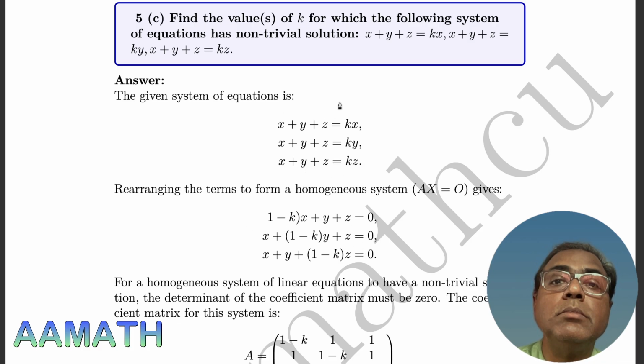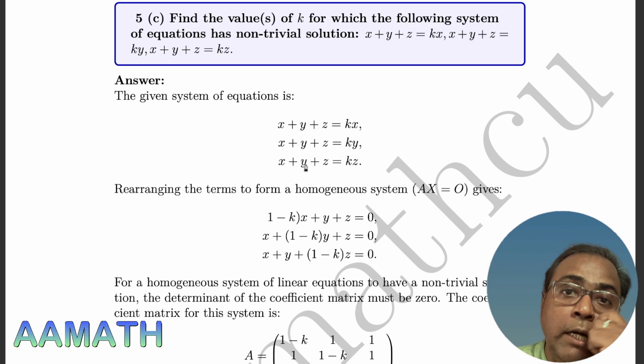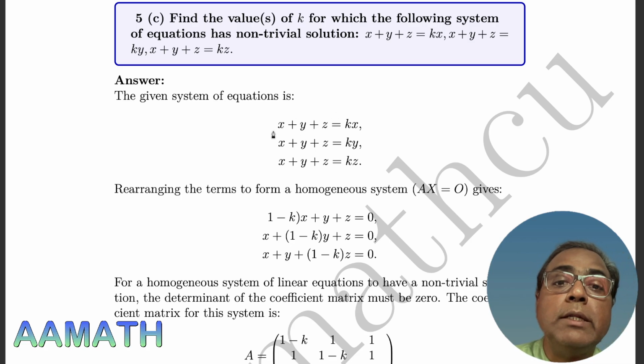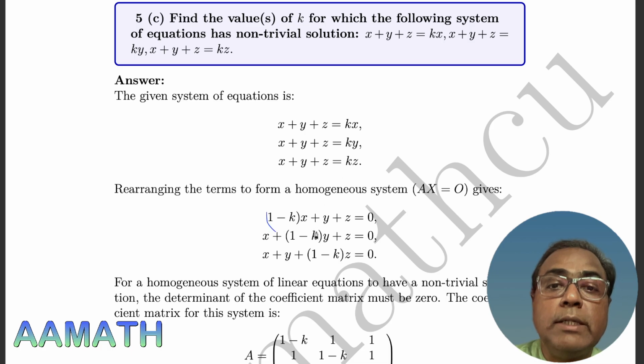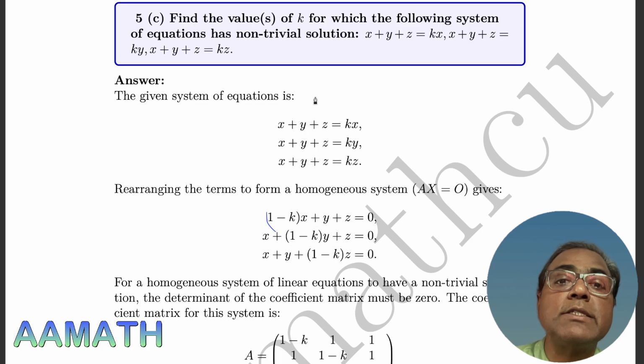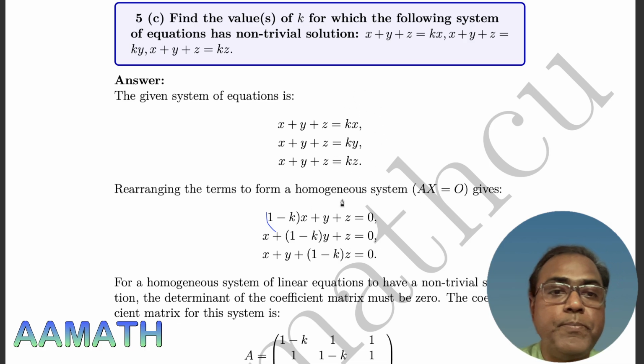Rearranging the terms, we get (1 minus k) into (x plus y plus z) equal to 0. Transform kx, ky and kz into the left hand side, so the right hand sides are all 0. Actually, this is a homogeneous system.